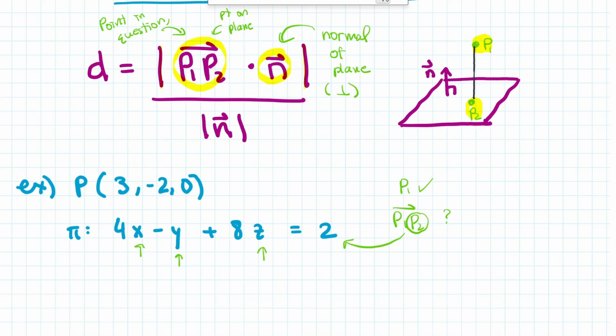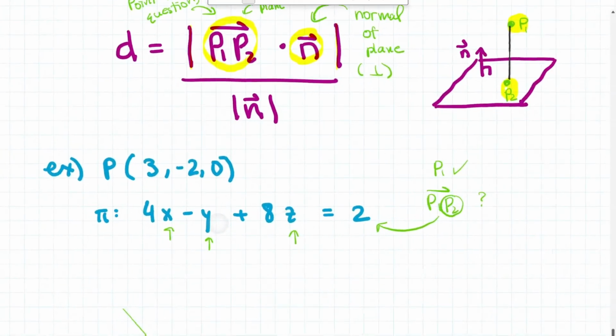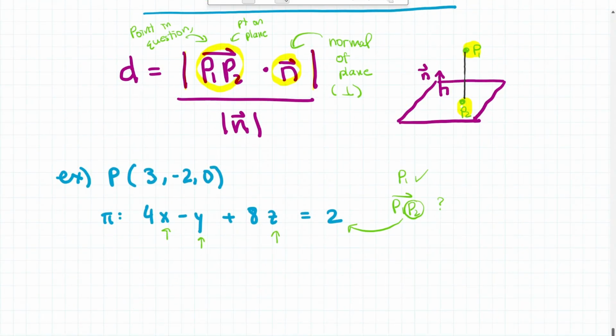So let's try out a point. What if we say that point P2 equals (-2, -2, 1)? What would we get in this case? We would have 4 times -2 minus -2 plus 8 times 1, and our right-hand side of the equation is 2.